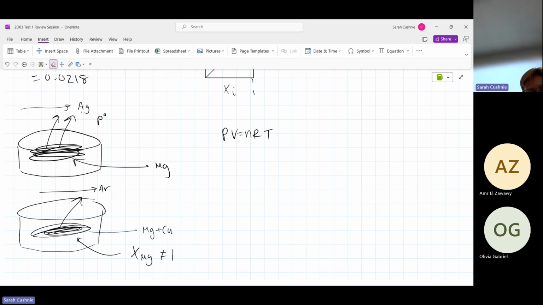When we're talking about saturated, we mean the maximum amount possible. That's where it comes down to n. Do we have the full n that could be going into the gas? In this case, n is given by some change in mass. We don't know if that's actually the full amount that could be going into the gas.